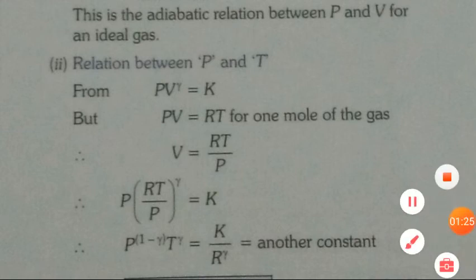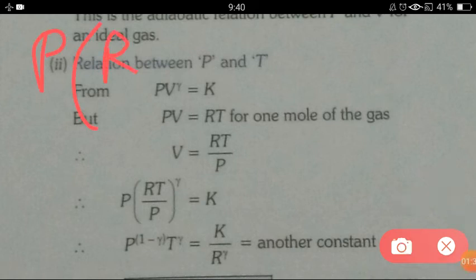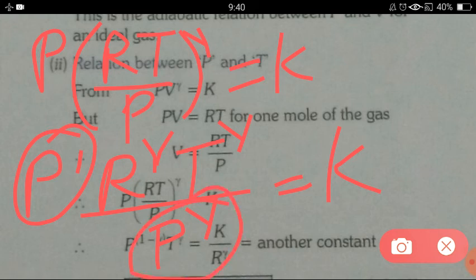Now how did we get this? See here what is written: P into (RT upon P) to the power gamma equals K. If we open this bracket, we get P to the power 1, R to the power gamma, T to the power gamma upon P to the power gamma equals K. Here we have P to the power 1, here we have P to the power gamma.